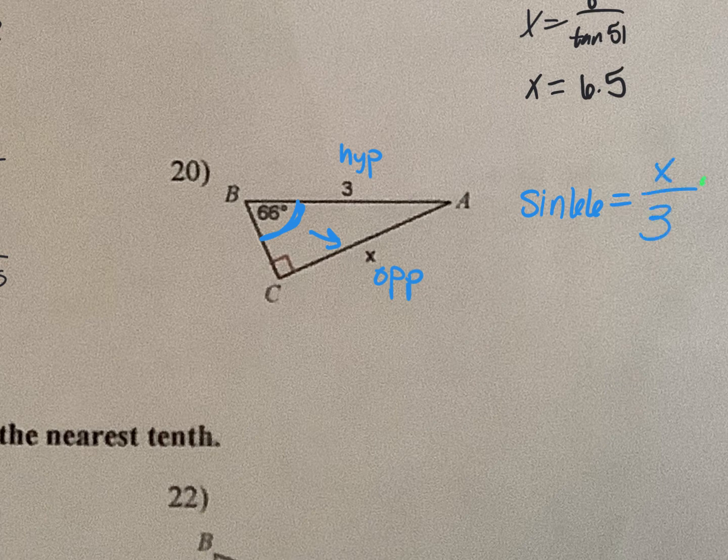So you multiply both sides by whatever's on the bottom, so that's a 3. Does that show up okay for you guys, that green? Yeah. Okay. So that goes away. So then X is just equal to 3 times sine 66. So this is what you're plugging in your calculator. So you can just put 3 sine 66, which gives you 2.7.